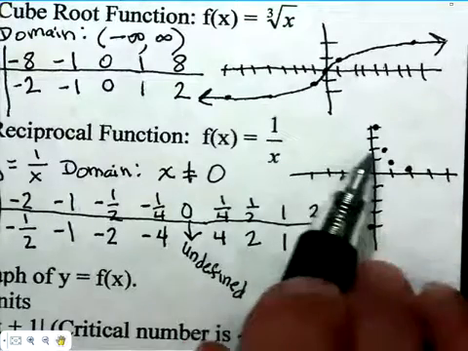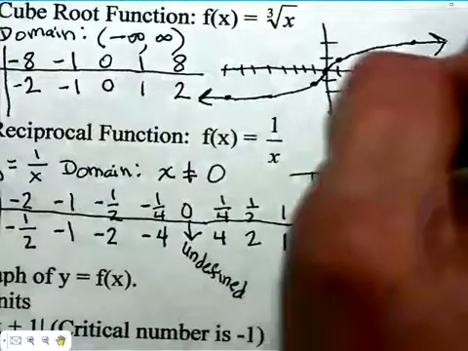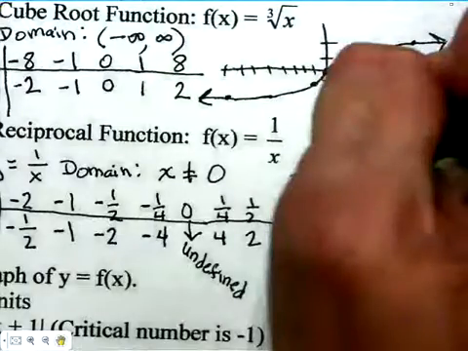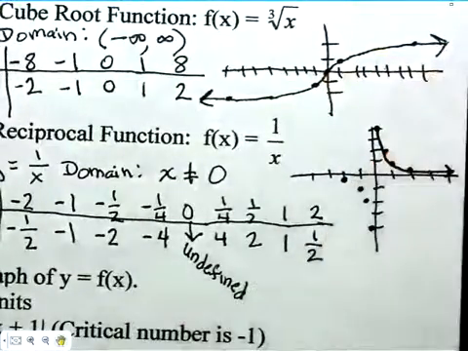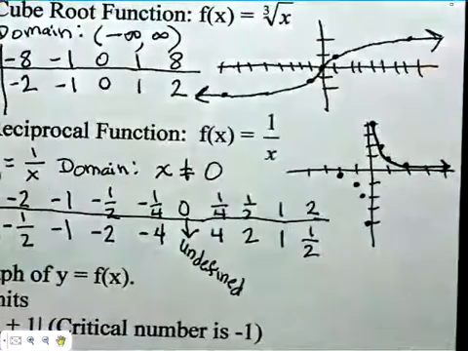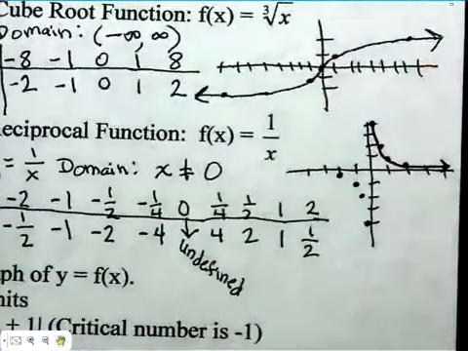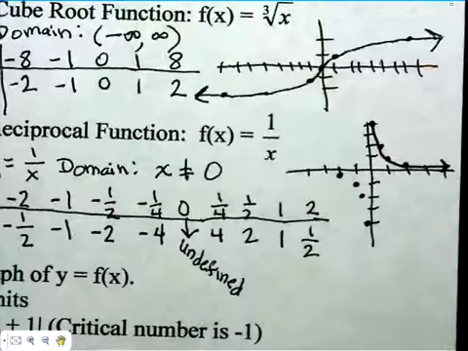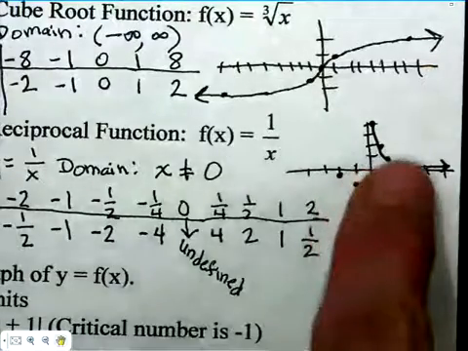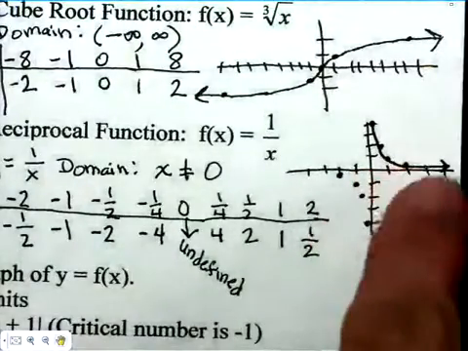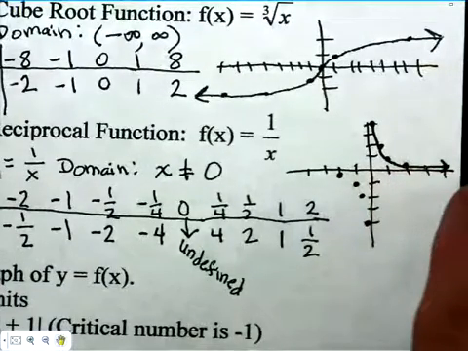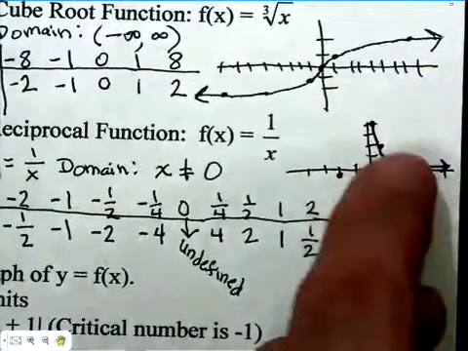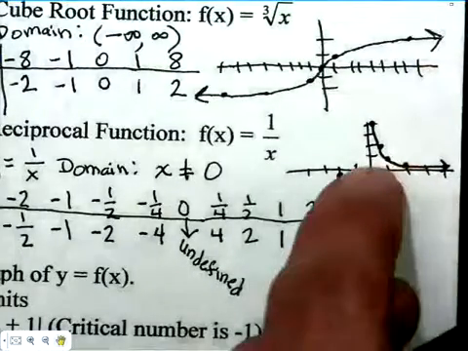As your x's get infinitely big, your y's keep getting closer and closer to 0. Are they ever going to be 0? No, there's nothing you can take the reciprocal of and get 0. So this piece of the graph is just going to keep getting closer and closer to the x-axis as your x's get infinitely big.